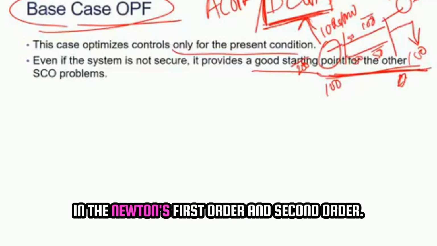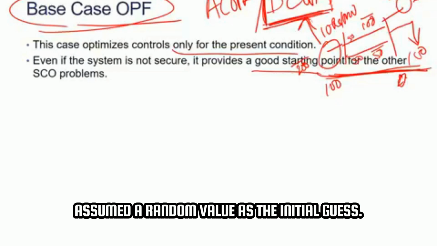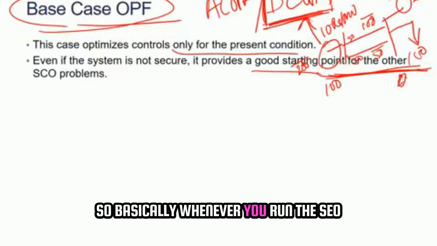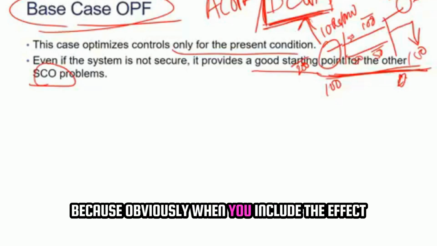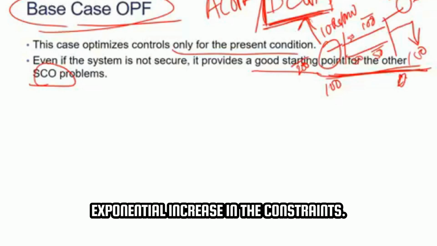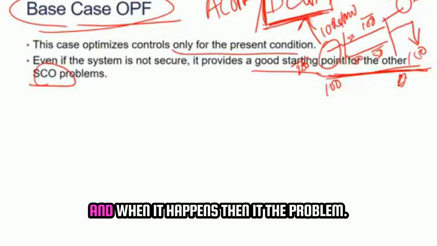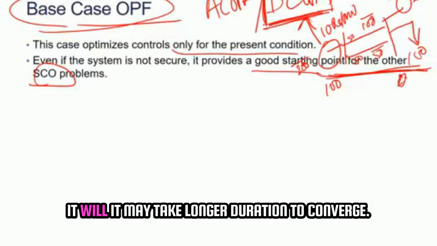In Newton's first order and second order, even in the interior point method, we assumed a random value as the initial guess. Whenever you run the SCO, that is the security constrained optimization problem, obviously when you include the effect of security there will be an exponential increase in the constraints, and if you start the problem from random, it may take a longer duration to converge.